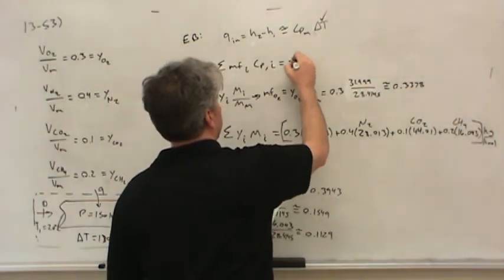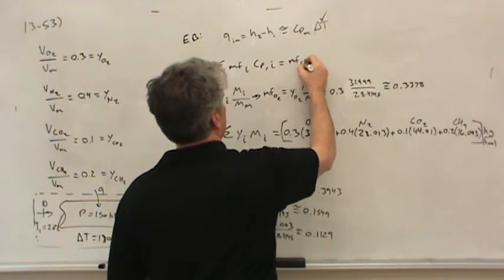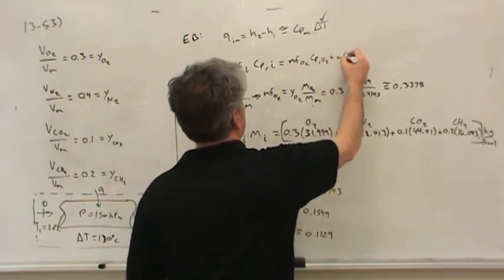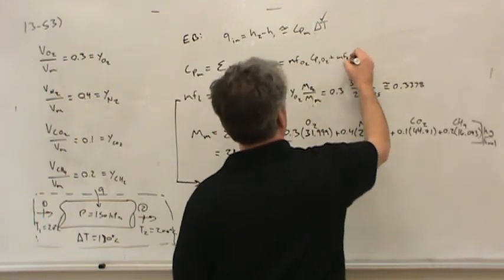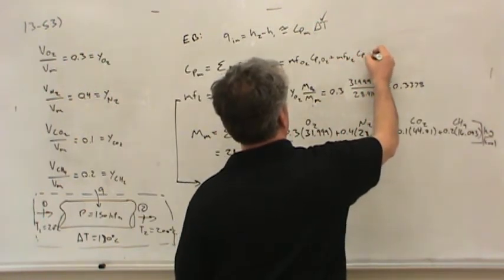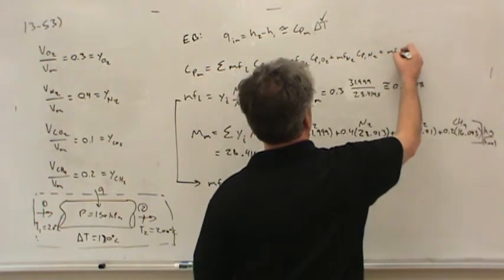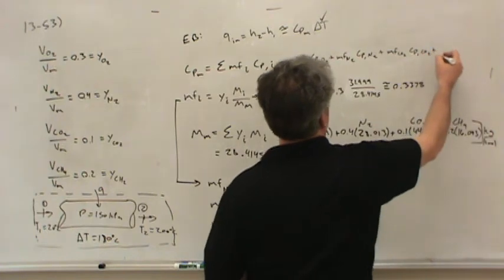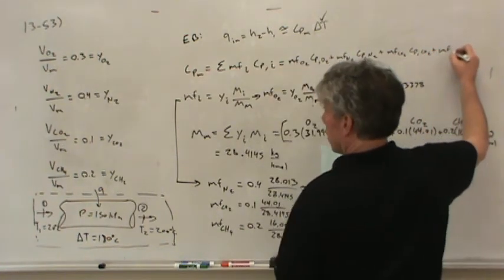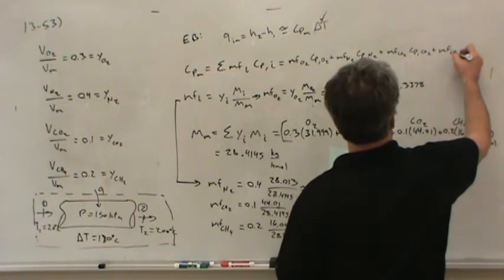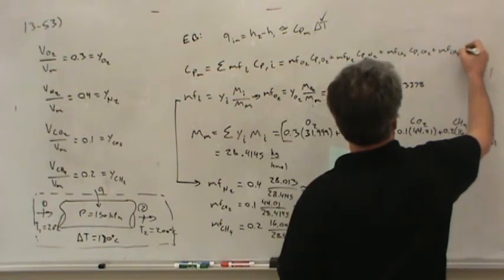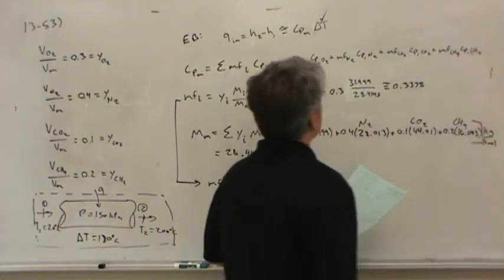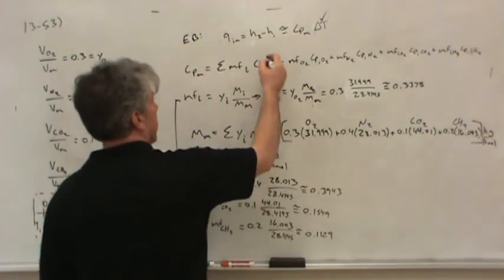I'll need the mass fraction of oxygen times the heat capacity of oxygen plus the mass fraction of the nitrogen times the heat capacity of the nitrogen plus the mass fraction of the carbon dioxide times the heat capacity of the carbon dioxide plus the mass fraction of the methane times the heat capacity of the methane. Okay. It's kind of long, but there it is. I think I can sneak it in here.